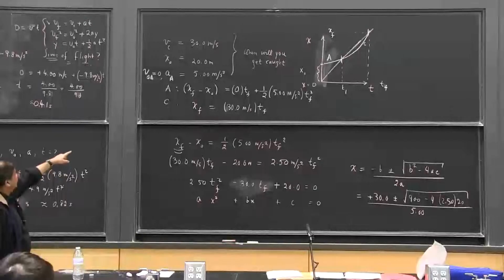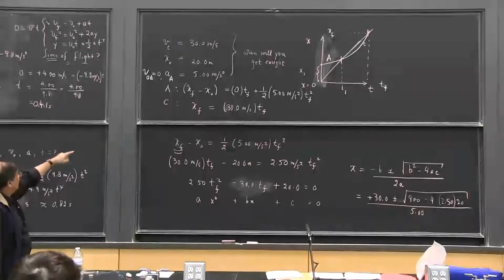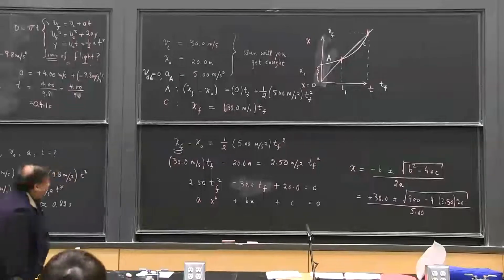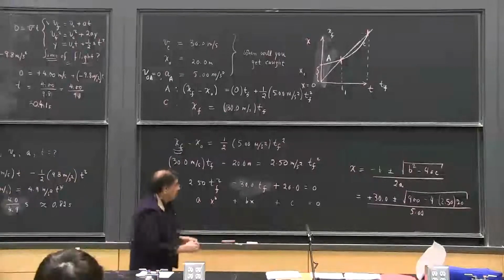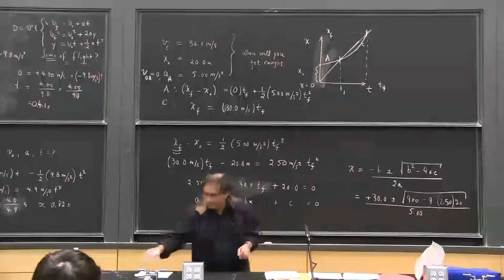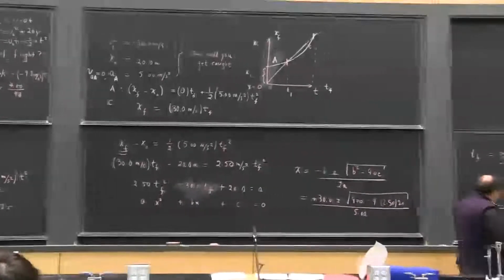Okay. So we eliminated xf from the equation because there are two equations, two unknowns. So we are left finally with only one variable, that's t final.